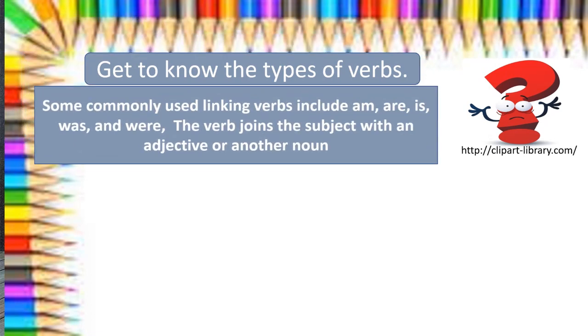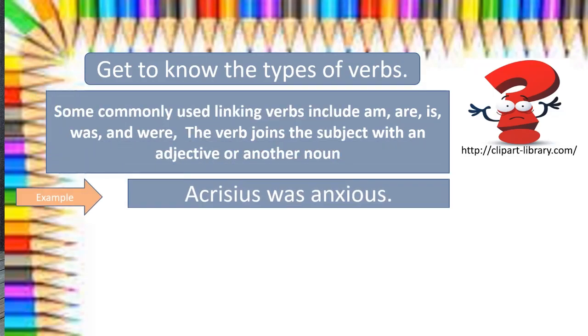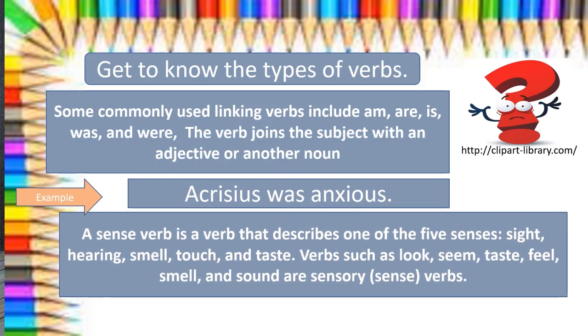We also have the linking verbs. Some commonly used linking verbs include am, are, is, was, and were. The verb joins the subject with an adjective or another noun. For example, Acrisius was anxious. Another is, we also have a sense verb.